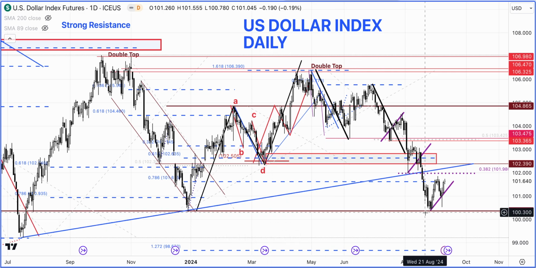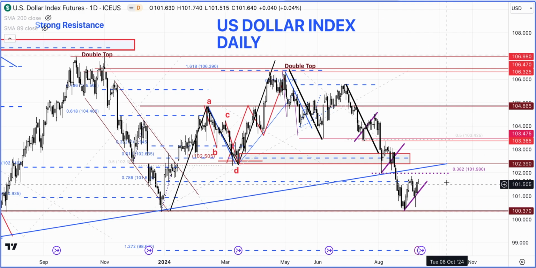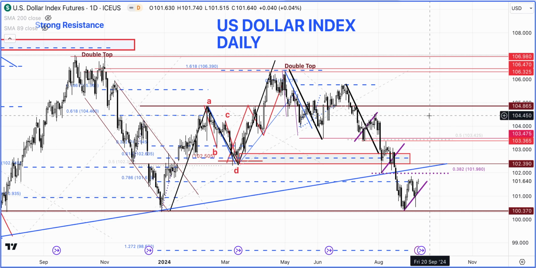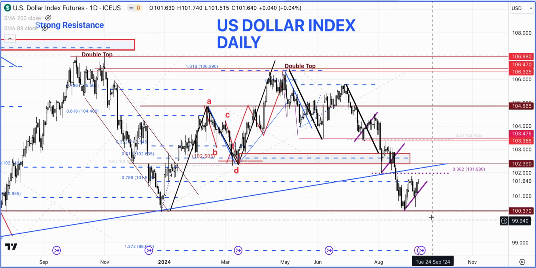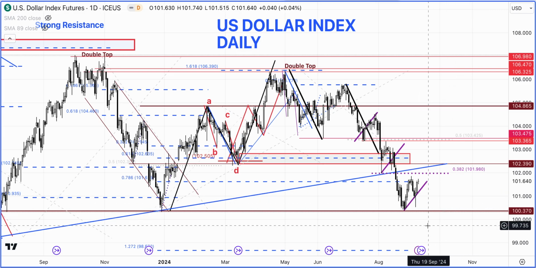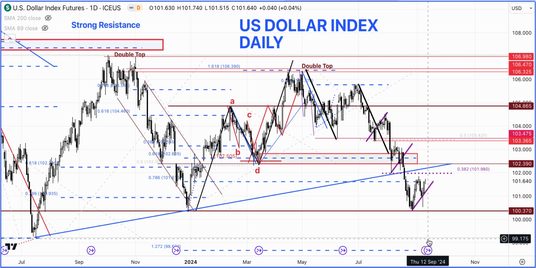The chances are it might rally anywhere between about 102 to about 103.50, because it's just been going down for quite a long time. The other scenario is, of course, if it breaks 100, then it opens the doors for 99.